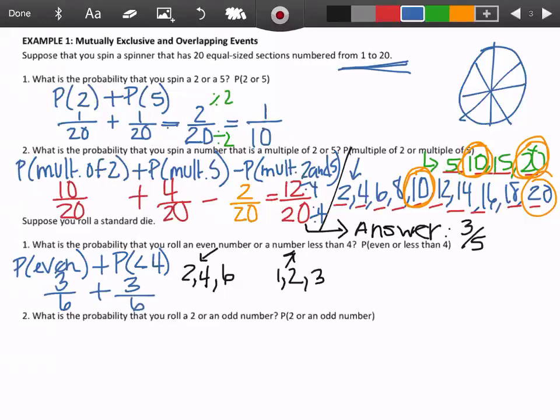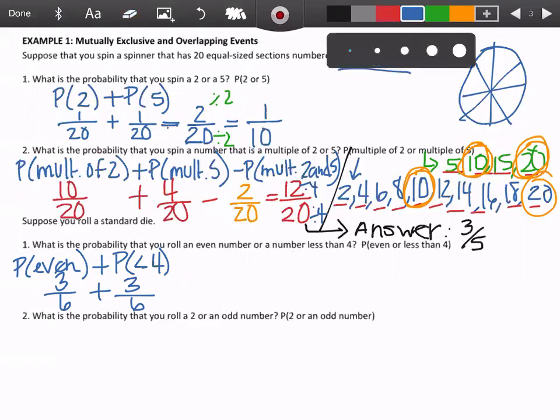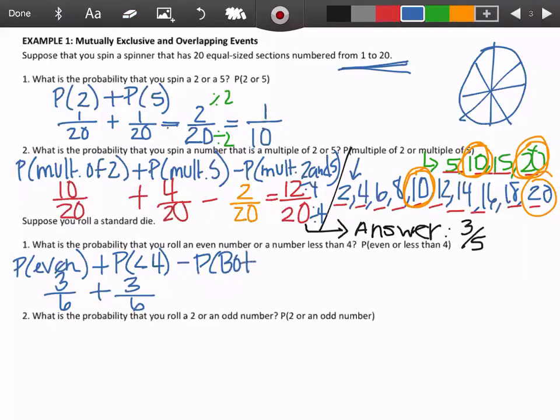But looking at our groups here, we do have numbers that overlap. We have one number that overlaps. So that means that we have to subtract something out. I'm going to erase these lists to give us more room. But you're going to subtract out the probability of both. So the probability that it's even and less than 4.